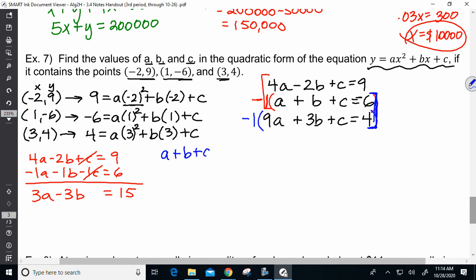A plus B plus C equals -6. -9a minus 3b minus c equals -4. C's drop out.